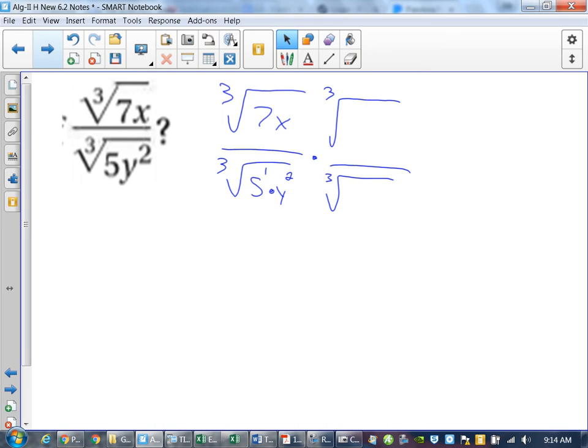So I multiply the top and bottom by 5 squared and a y. Now the denominator becomes the cube root of 5 cubed times y cubed. The cube root of junk cubed is junk.